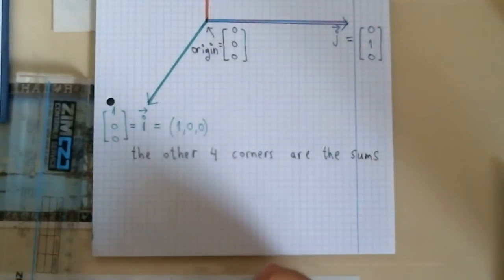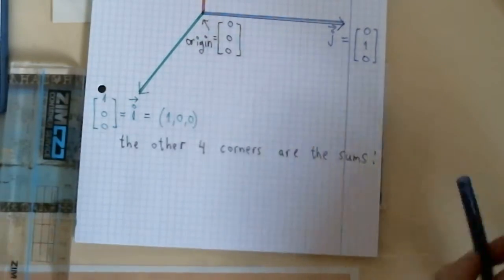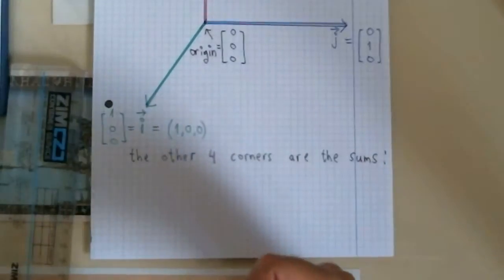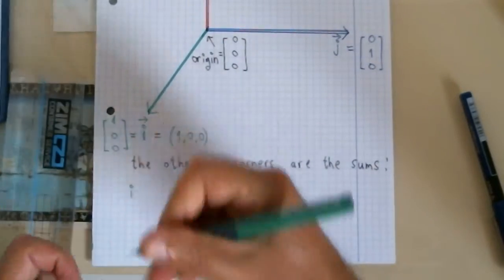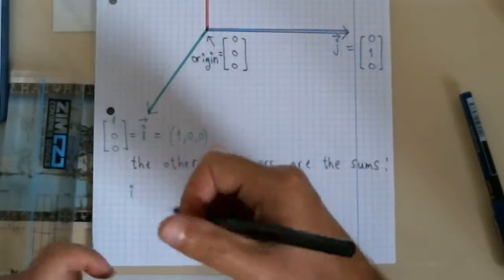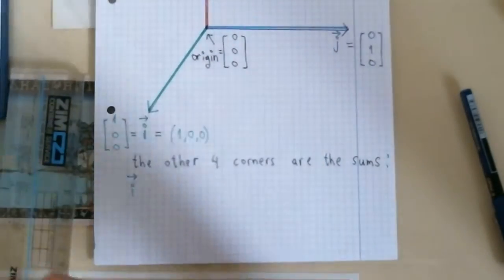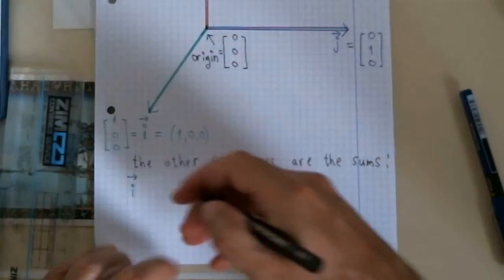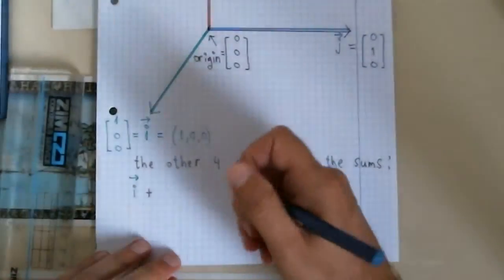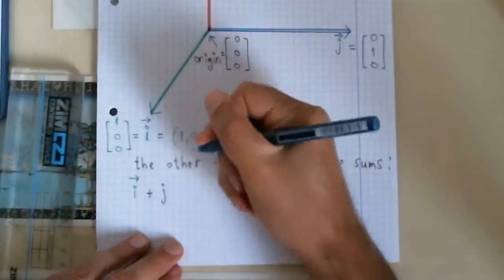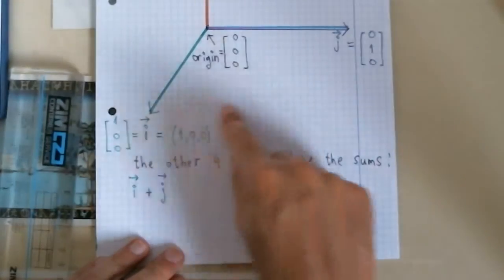So what do I mean? I plus J. I'm sorry, I didn't show that I is a vector, so I as a vector plus J, which means the green plus the blue, which would get us here as I showed.